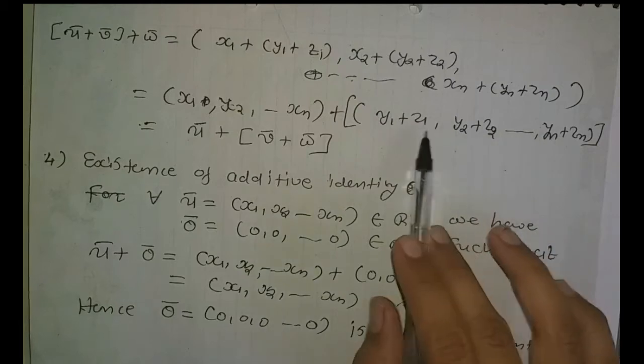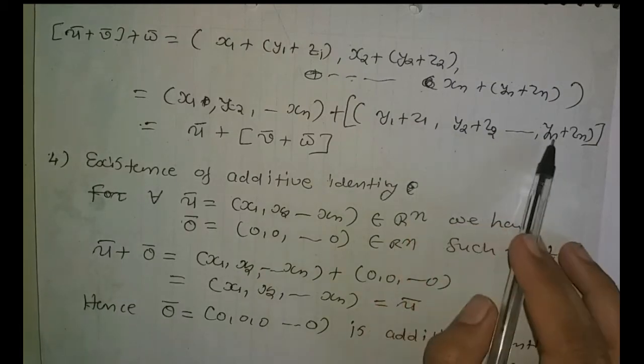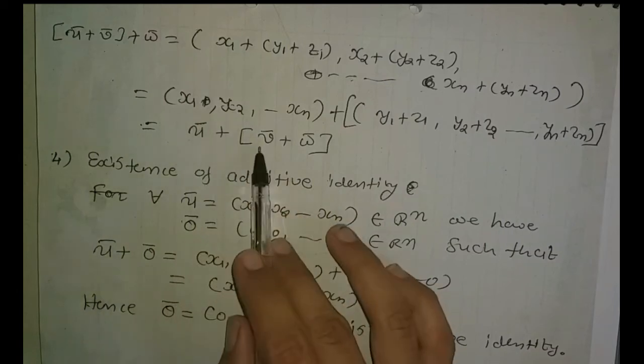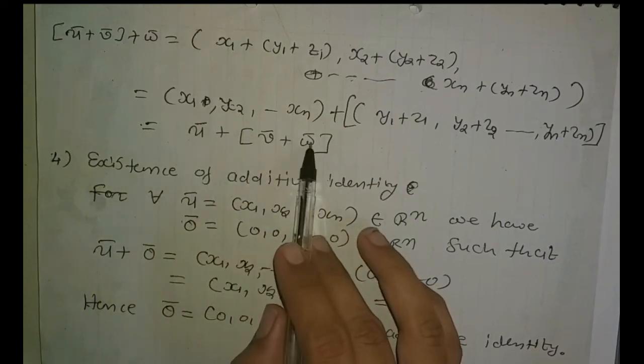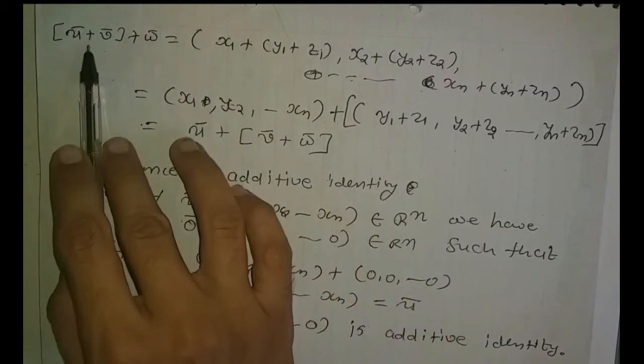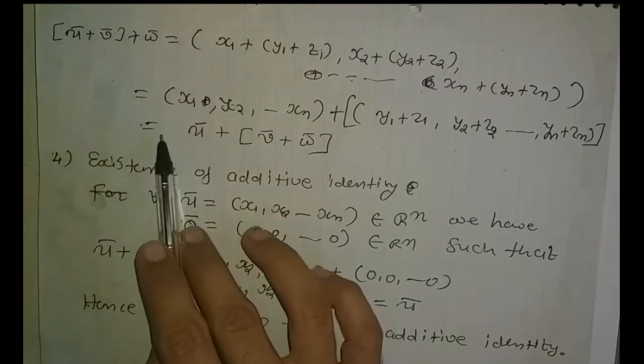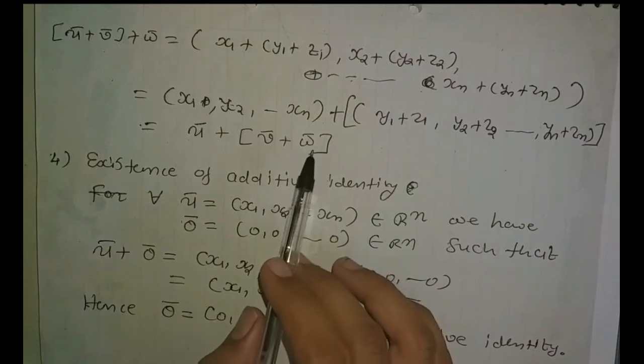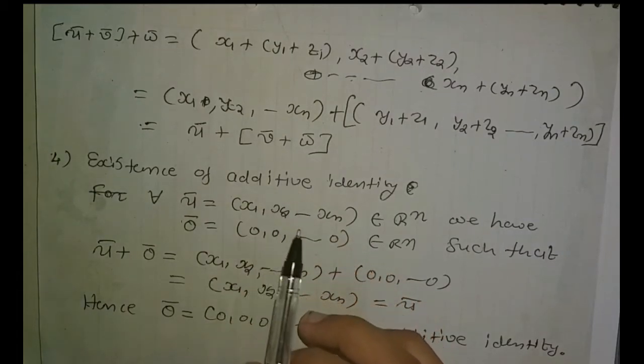This is the addition of vector u bar and the vector v bar plus w bar. So u bar plus v bar plus w bar is equal to u bar plus v bar plus w bar. Hence the associative property is also satisfied.